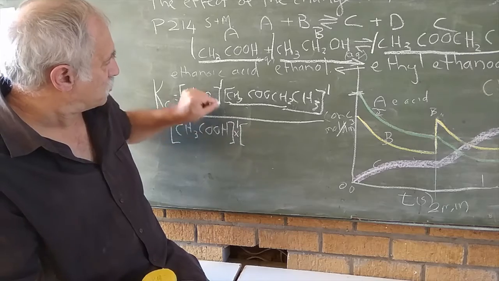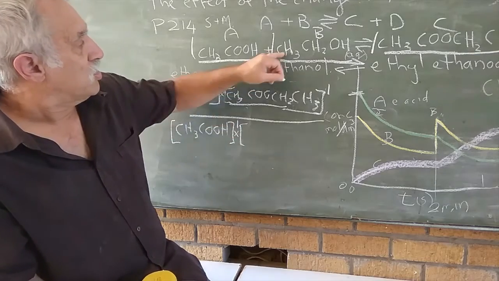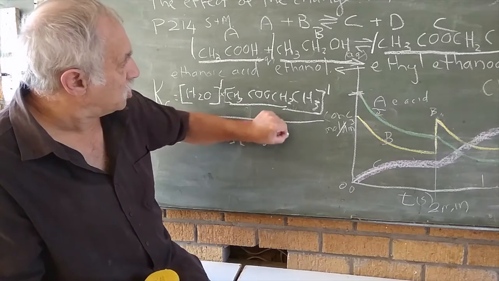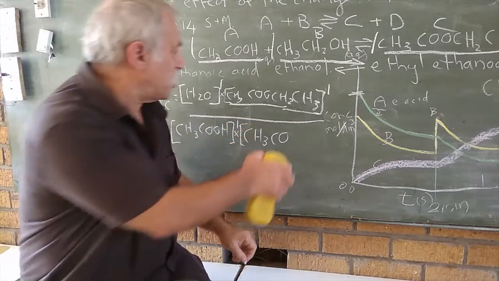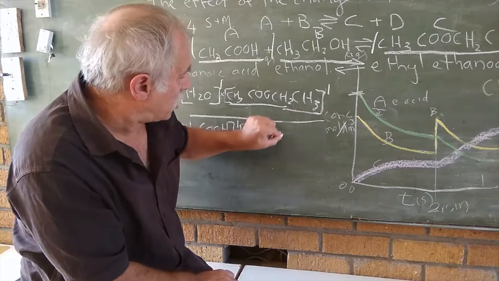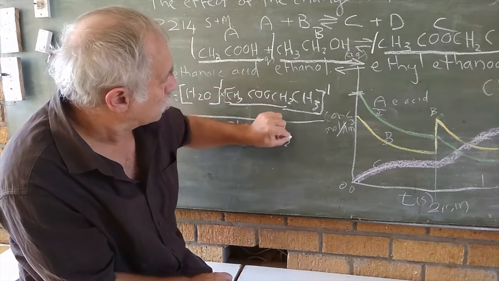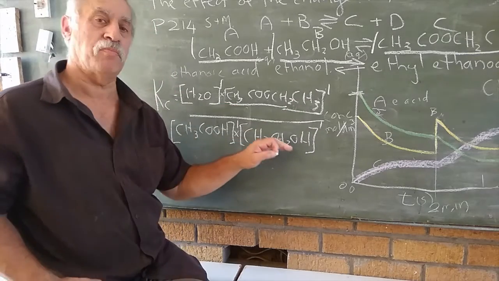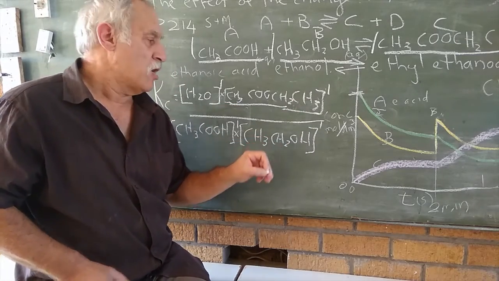This is a times, by the way, times CH3CH2OH. The square bracket means the molar concentration.